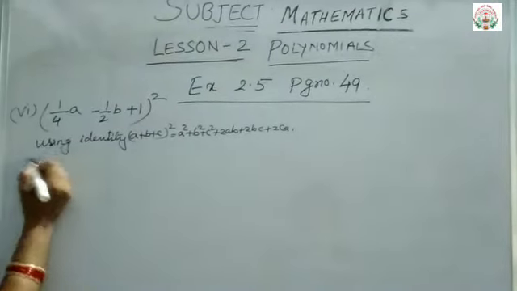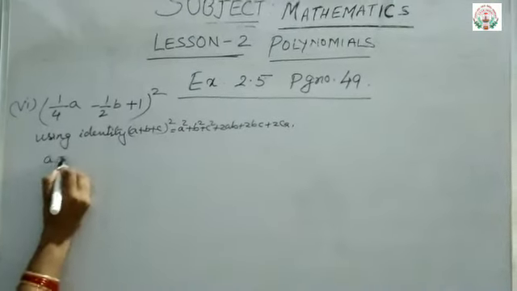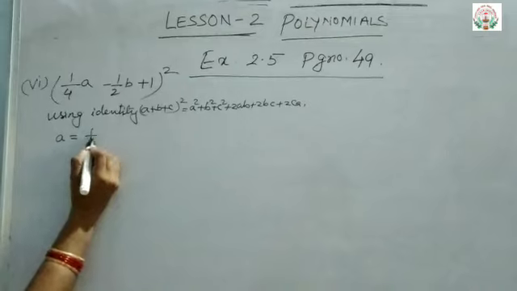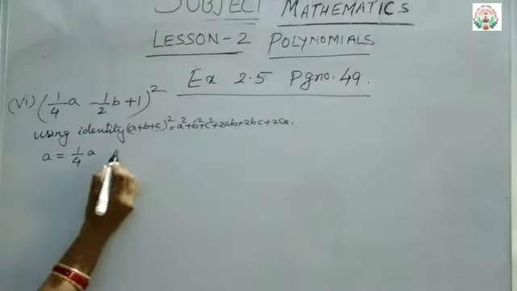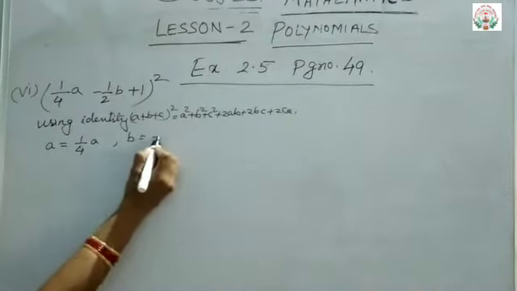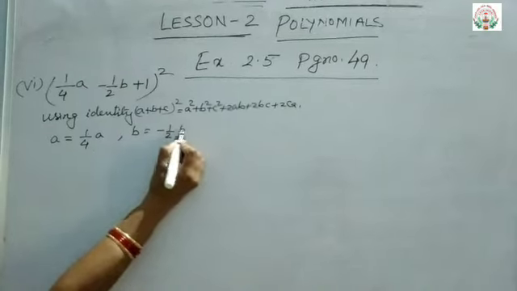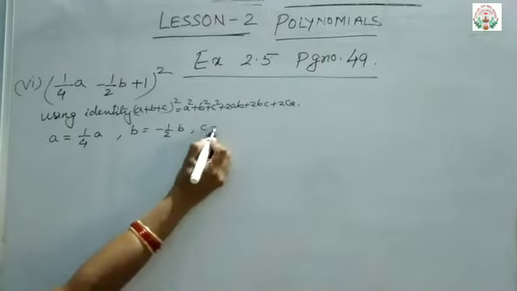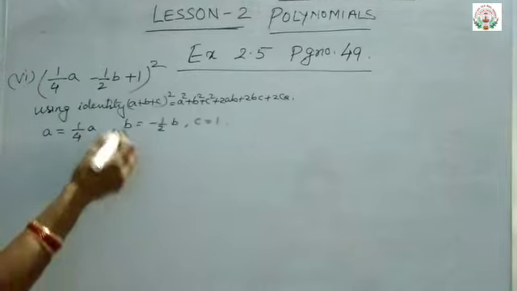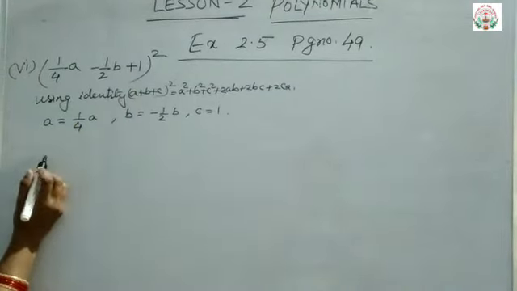Okay, so now on comparison with this, what will you get? A value is 1 upon 4 a. B is how much? Minus 1 upon 2 b. And C is how much? 1.